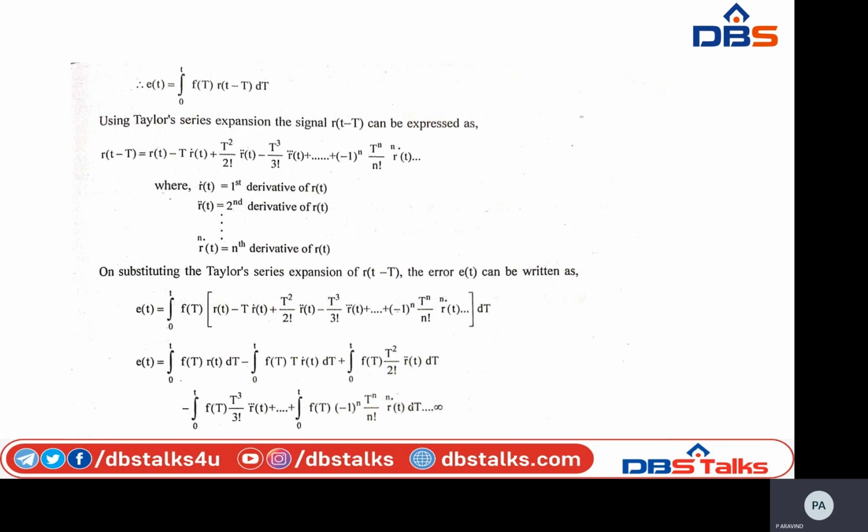So simply substitute the Taylor series expansion of r of (t - T) in the e of t equation.